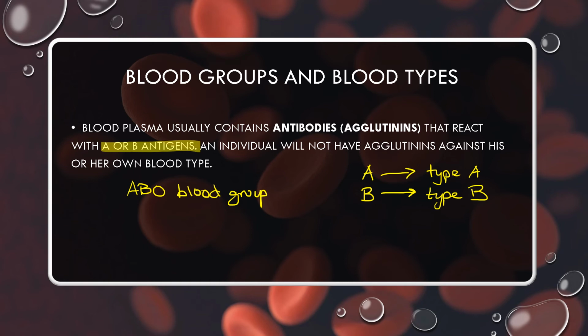Individuals who have both A and B antigens on their red blood cells will be type AB. And those that have neither A nor B antigens on their red blood cells will be type O.